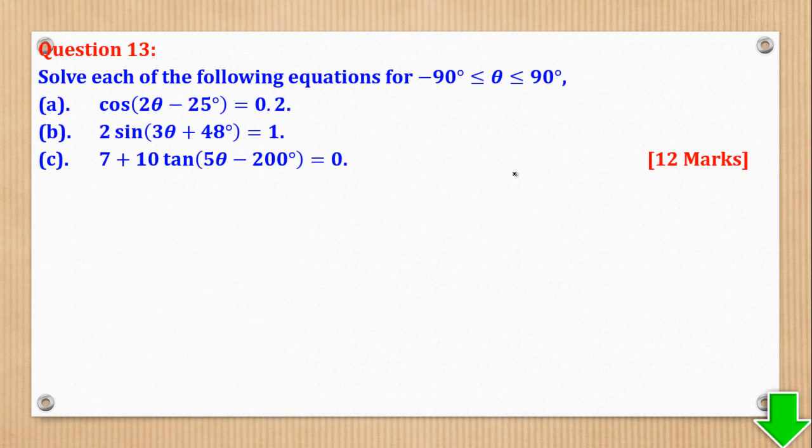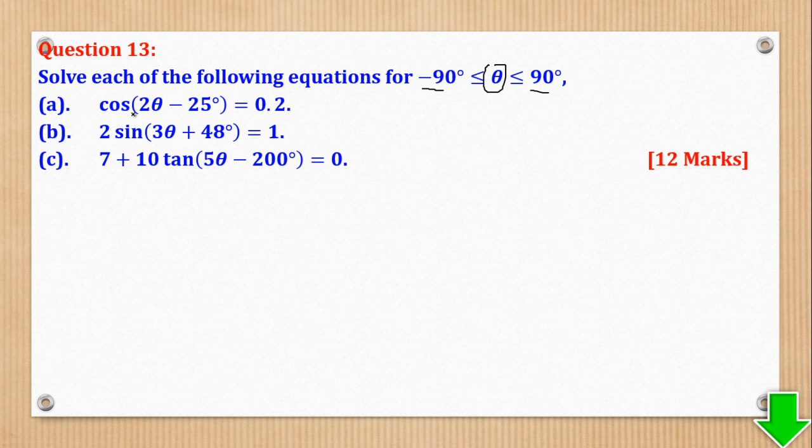Then question 13 says, solve each of the following equations for values of theta ranging from negative 90 degrees to positive 90 degrees. So you have A, B and C. You realize that the range they have given us is for theta. If it was only theta, the minimum should be this and maximum should be that.